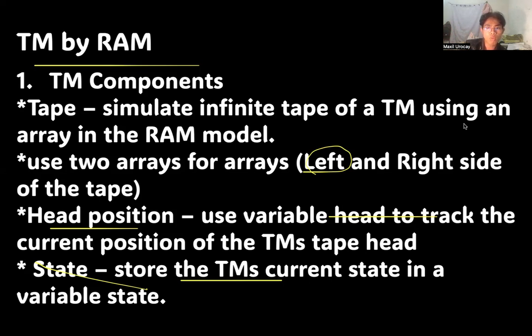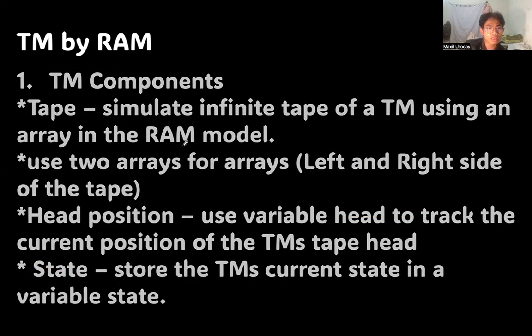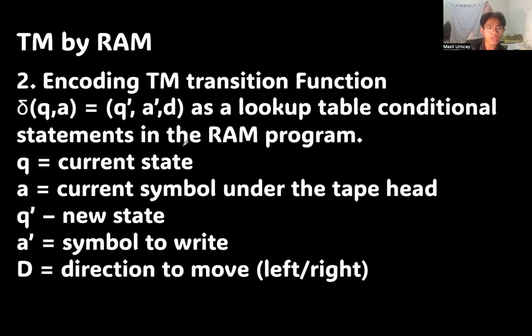With the second component, we have encoding the transition function, with symbols Q and A, as a lookup table of conditional statements in the RAM model.